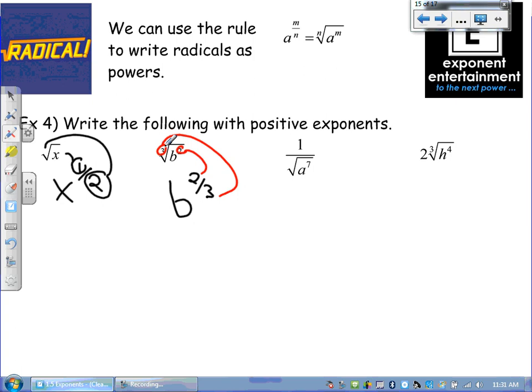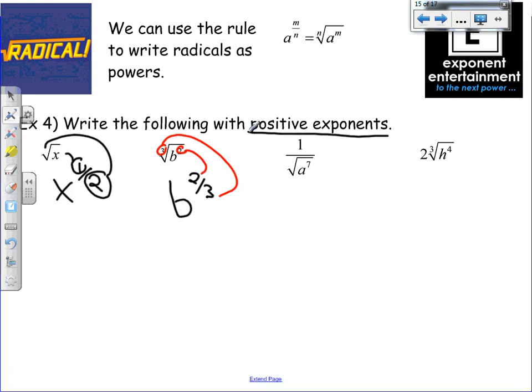Positive exponent. You're right. Leave it positive though. So this part down here has to stay underneath 1 because we're going to leave it as a positive exponent. So it's 1 over a to the power of 7/2. That is the top part. That's the bottom part.